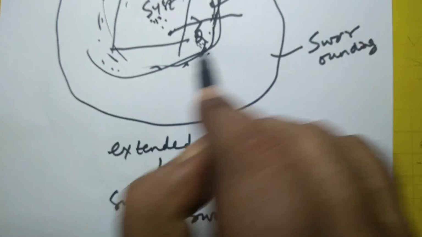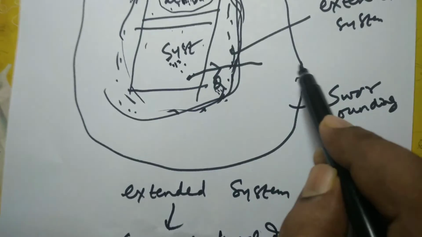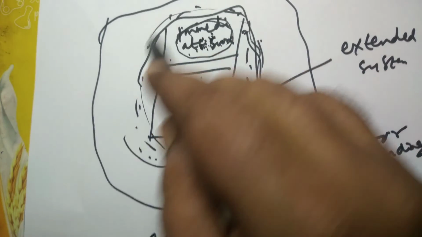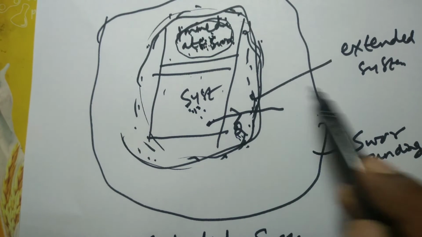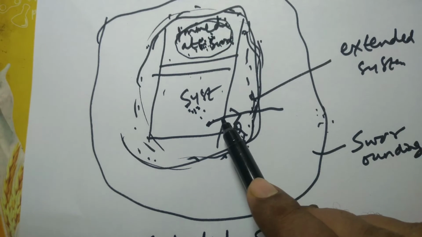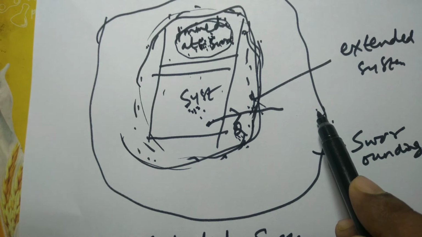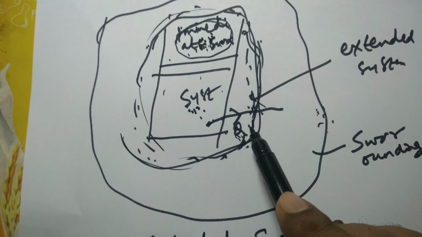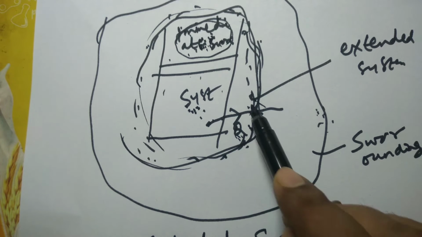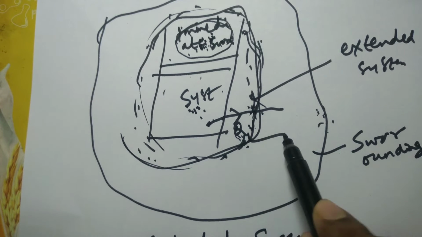between this extended system and the surrounding, if this is your extended system, then this is your surrounding. While calculating this entropy transfer between the extended system and surrounding, the boundary temperature of the extended system is simply taken to be the environment temperature. This is the boundary temperature. Suppose this temperature is Tb.